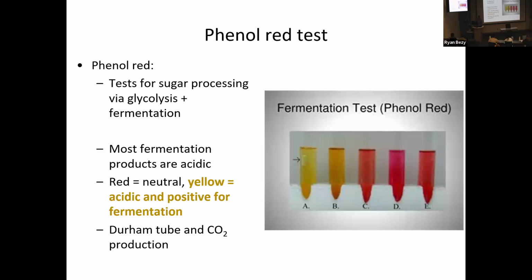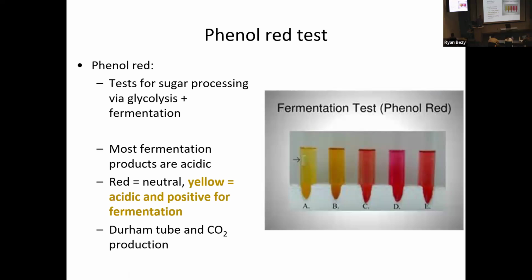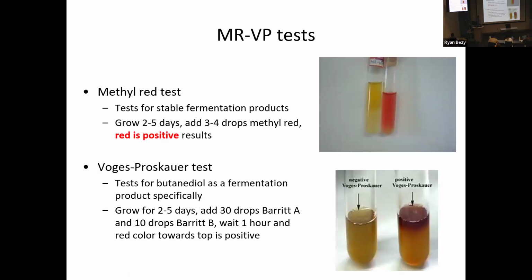There are other tests that test for fermentation, and you might do some of these in lab as well. For instance, there's something called the MRVP test. This is actually two different tests, a methyl red test and a Voges-Proskauer test. Methyl red tests for stable fermentation products. Most fermentation products are unstable and they break down after a few days. There are some fermentation products that instead are much more stable after about 5 days.